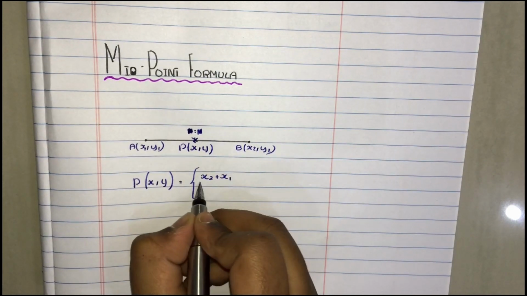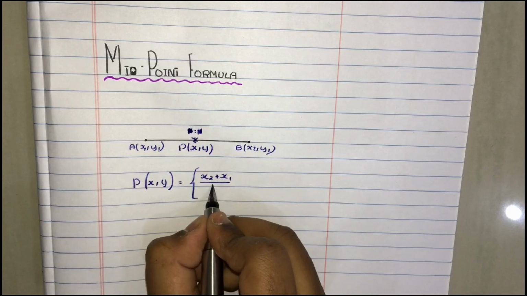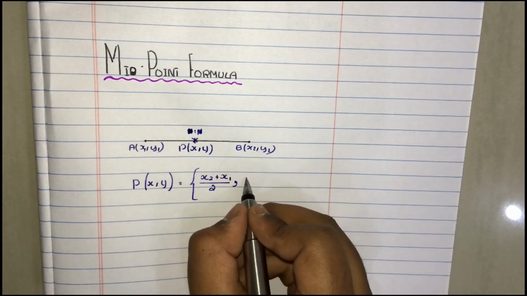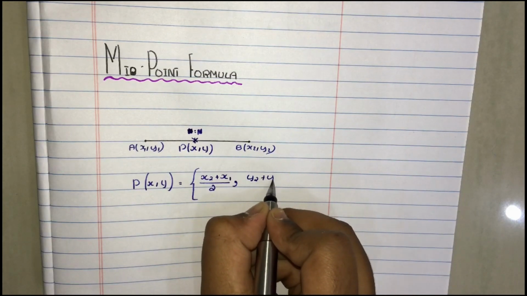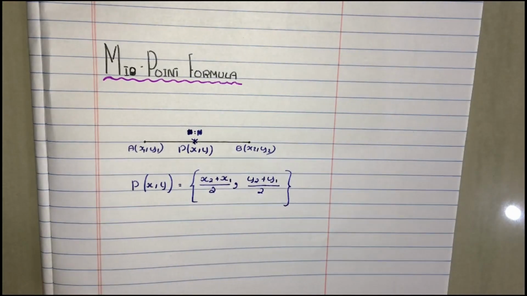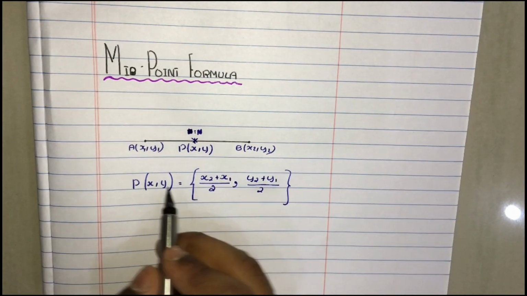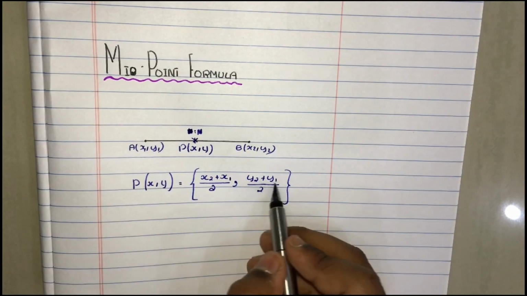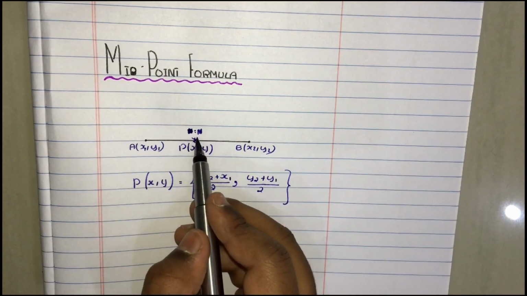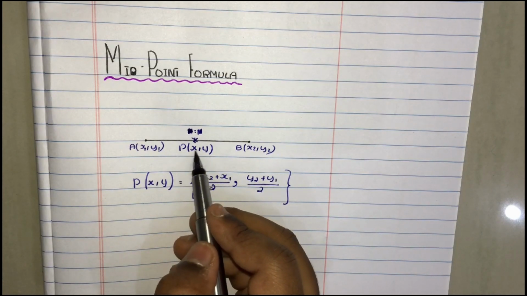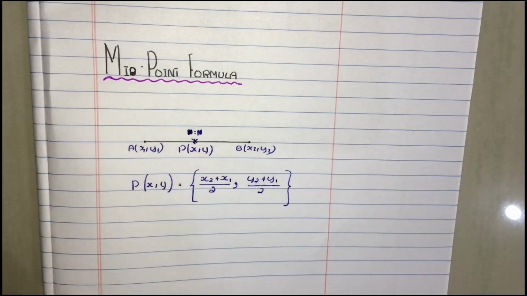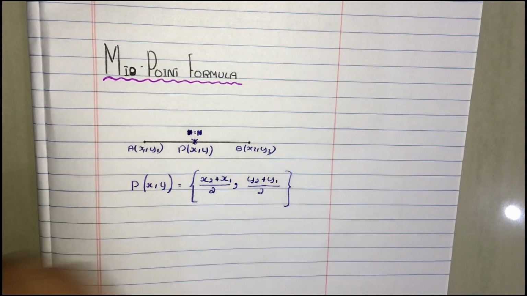So x2 plus x1 by 1 plus 1, which is 2, comma, for y coordinate, which is y2 plus y1 by 2. And this is the midpoint formula. And a point here is of the form P x comma y, and the ratio for midpoint is always 1:1, which is half of this line segment.